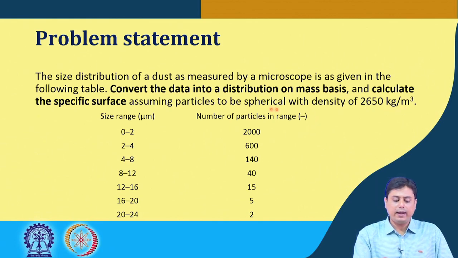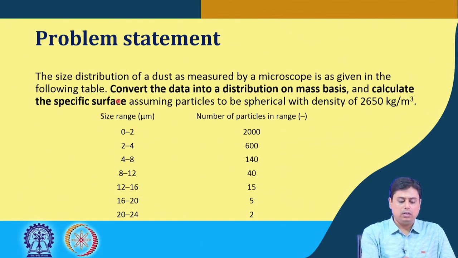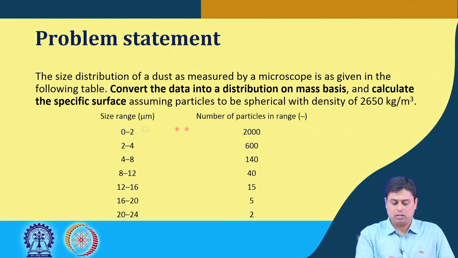So if you look at this problem and this table, it shows on the left hand side that this is a size range given in micron, and the right hand side the number of particles in the range. Okay. So this distribution is quite straightforward.